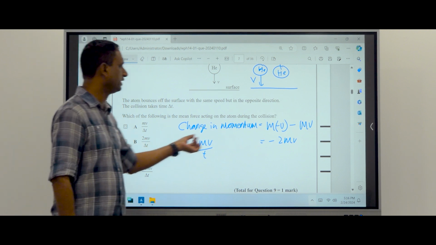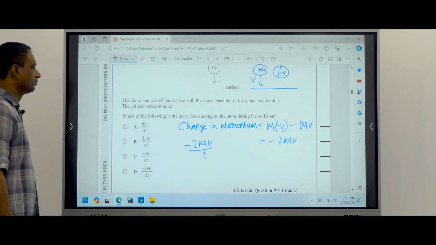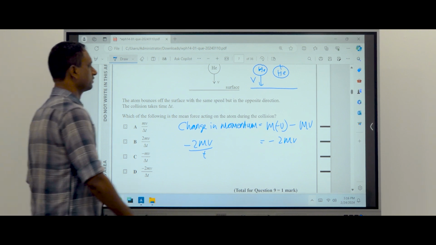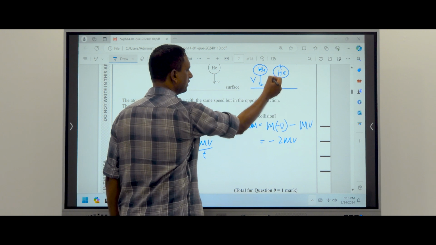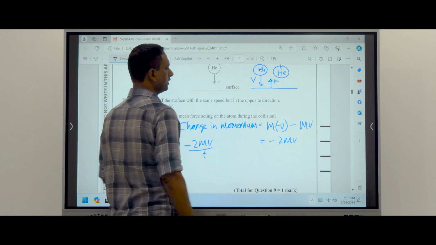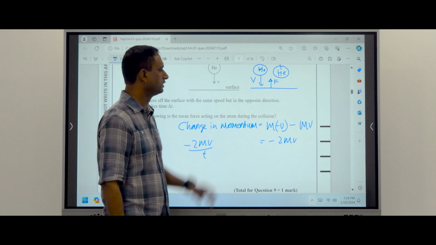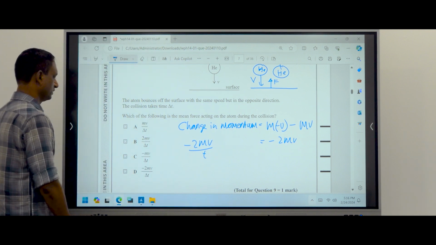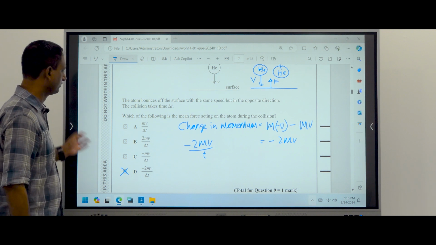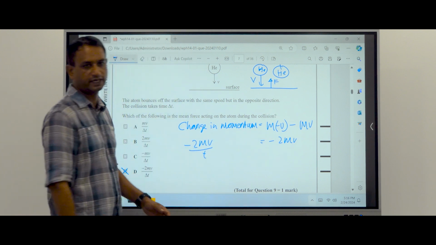If you correctly substitute the values like this, you get the minus sign. Also, consider the direction of force. When the helium atom collides on the surface, force is in the opposite direction to the velocity. Downward velocity is considered positive, therefore force is negative. But even without considering this, if you correctly substitute the values, you get the force correctly.